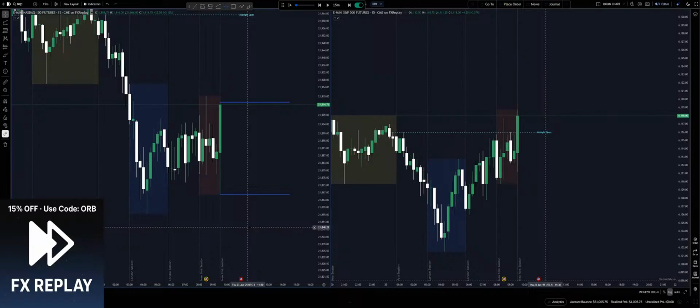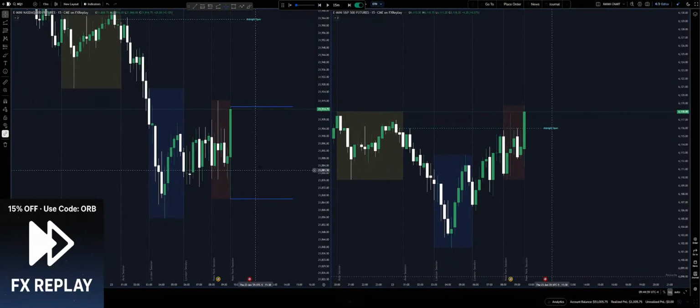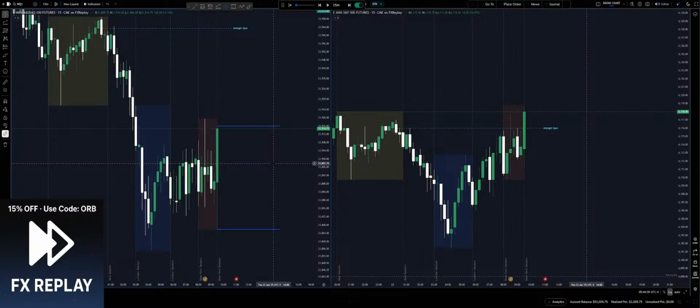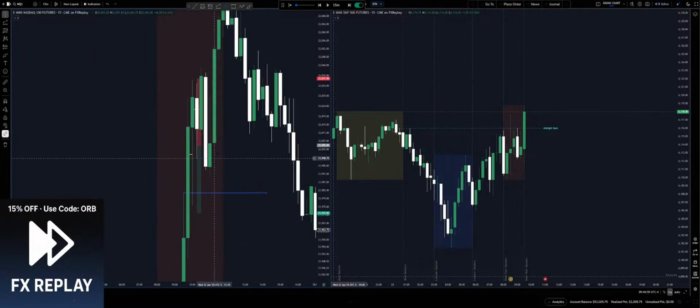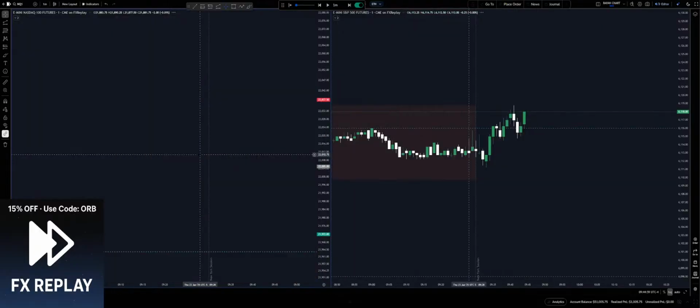But since we're trading mechanically, once you backtest at least 500 trades, you'll be able to understand which entry is an A plus setup or a B or C. Right here it was a big rejection candle on the inversion. I wouldn't have taken that.